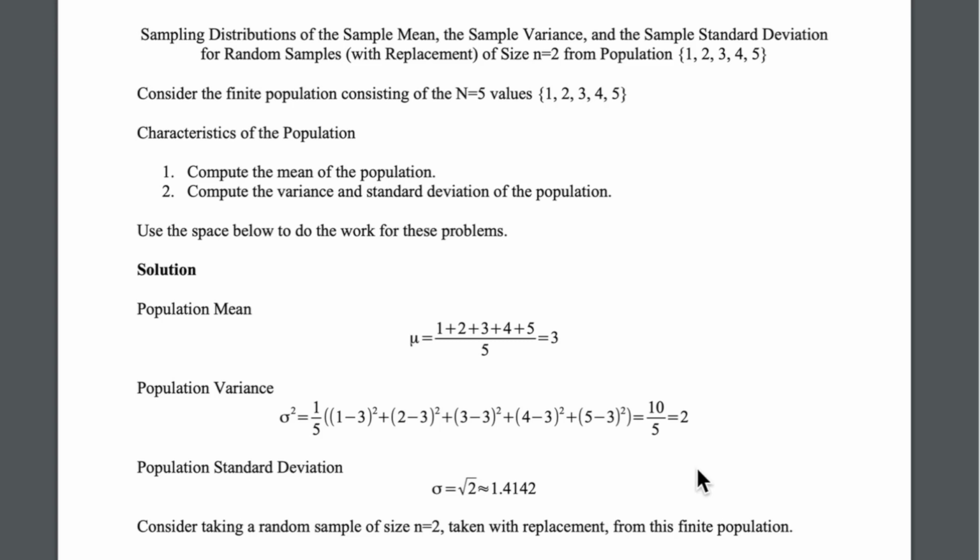Okay, and then we take the positive square root of that to get the population standard deviation. And so that turns out to be 1.4142, rounded to 4 decimal places. Okay, and so those are the population characteristics that we're interested in this particular assignment: the mean, the variance, and the standard deviation of this population.